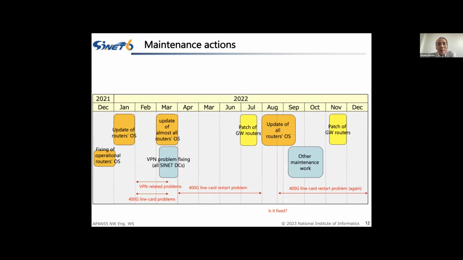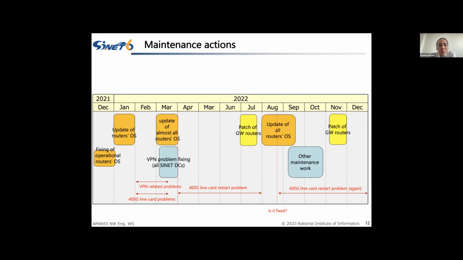So we have to do maintenance actions during this installation period. At the end of 2021, we decided to fix the operational routers' OS, but after that, we had to update the router OS. And unfortunately, we observed VPN-related problems in February and March, and 400 gig line card problems.